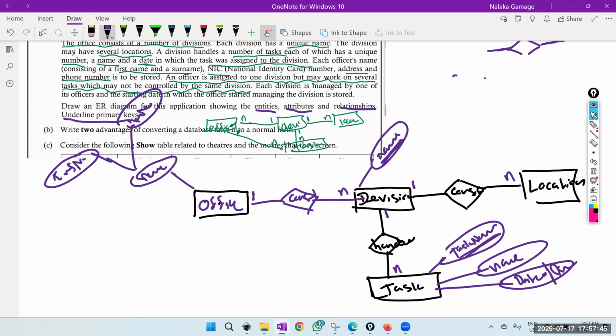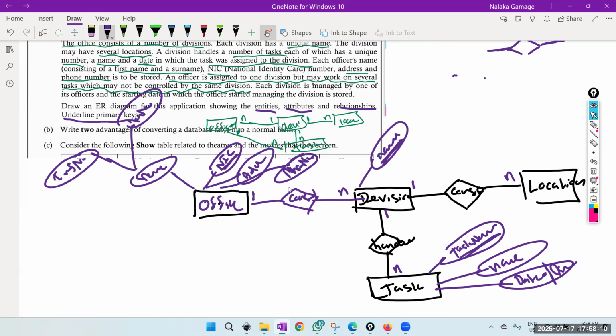What else? NIC, possibly the identifier or the primary key, and address and phone number. Address, phone number. Assume one phone number because it doesn't say phone numbers.